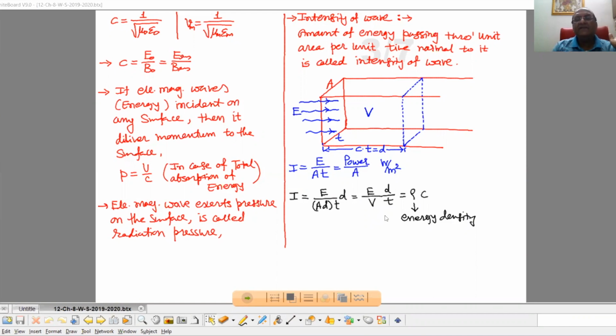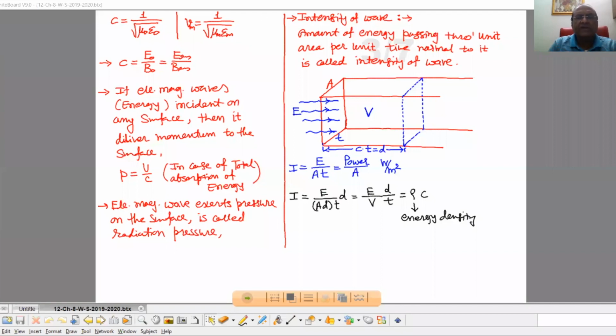And D by T is the speed of light, or speed of electromagnetic wave. So we can write rho into C, where rho is energy density. Means intensity is E upon AT, or power upon area, or intensity equal to energy density into speed of electromagnetic wave. Clear to all of you?